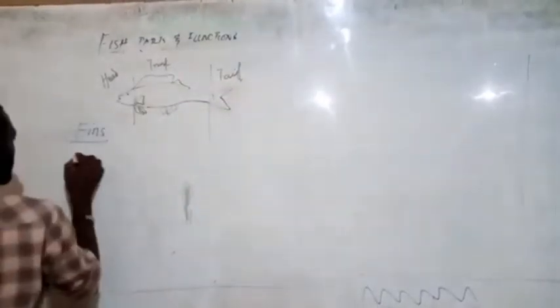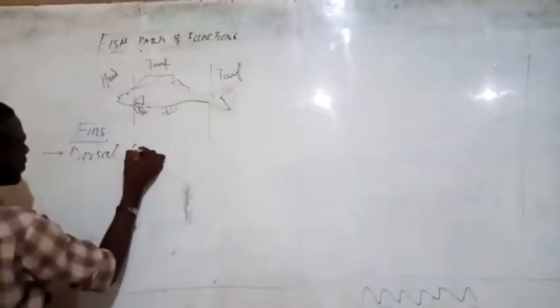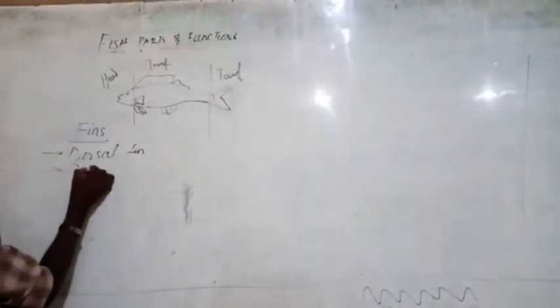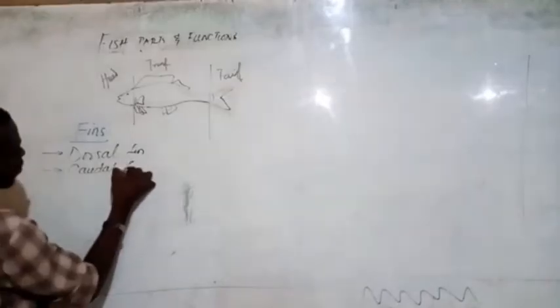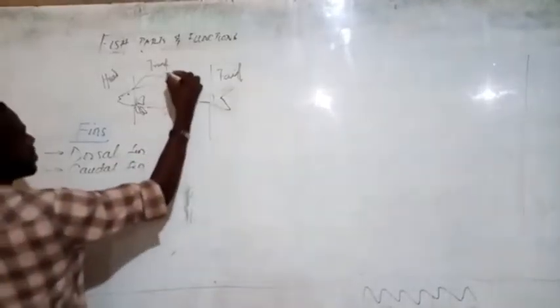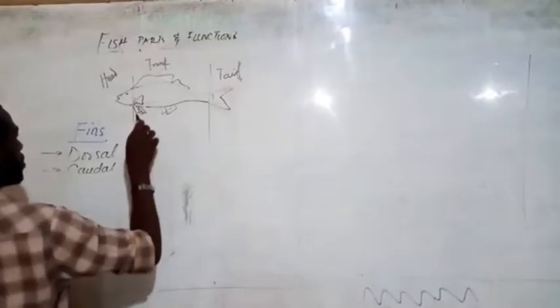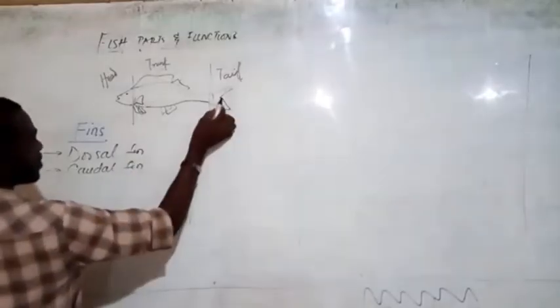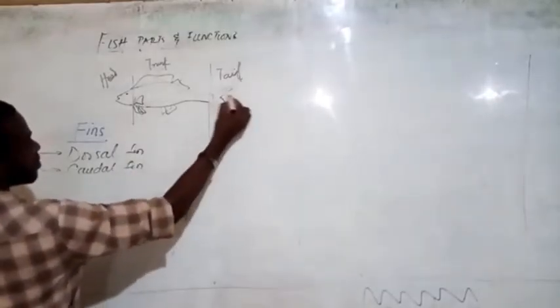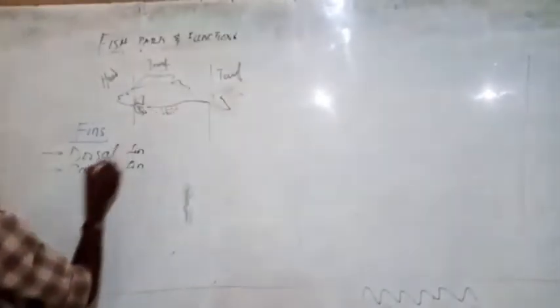And these fins are the dorsal fin, then the caudal fin. The dorsal fin is this one. The caudal fin, this is the caudal fin, and this the anal fin.